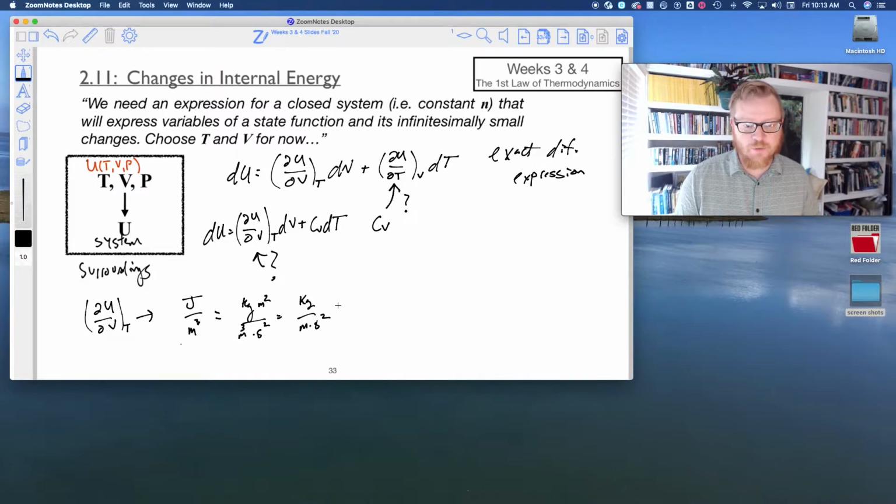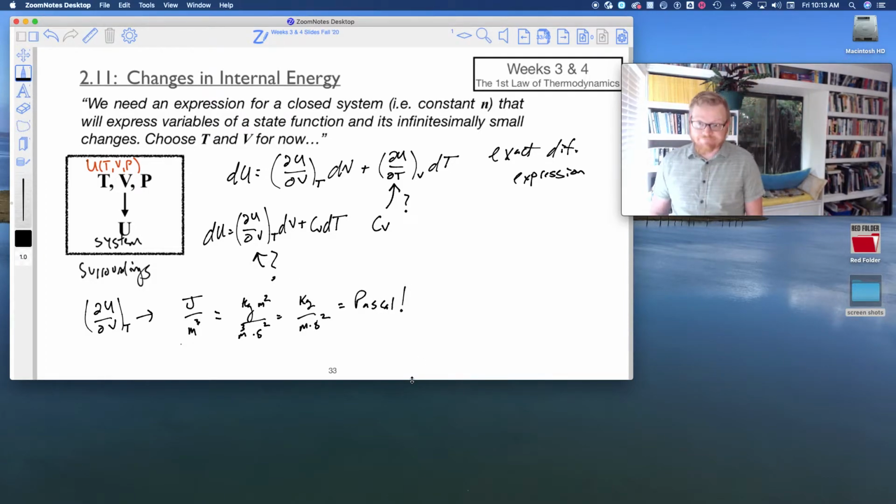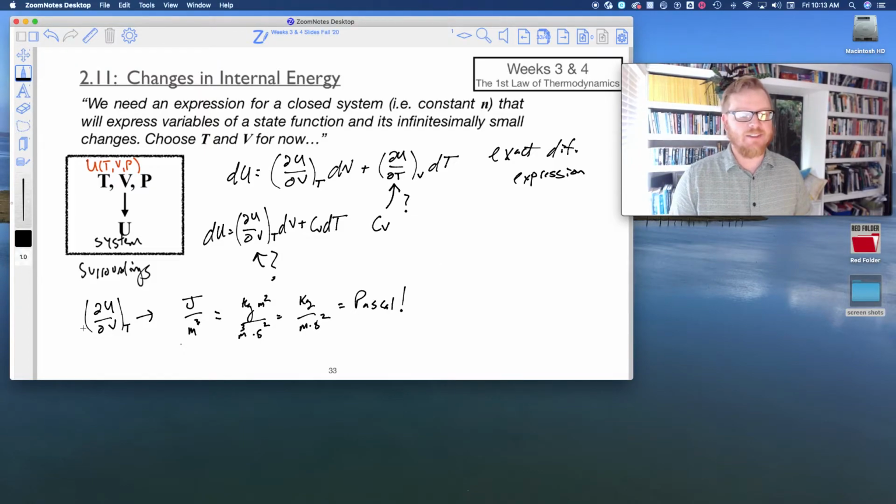And if you were to carefully inspect that, you would find that's a pascal. So that means this derivative has units of pressure. It has to be.